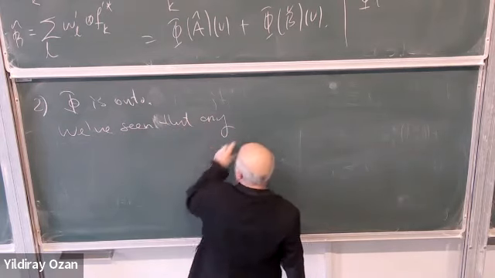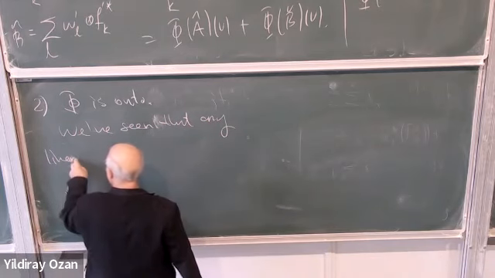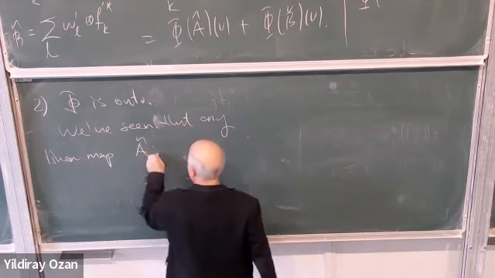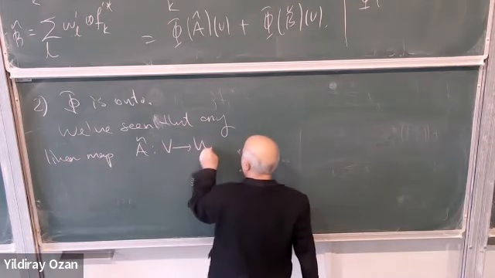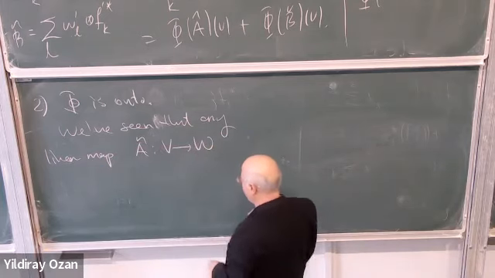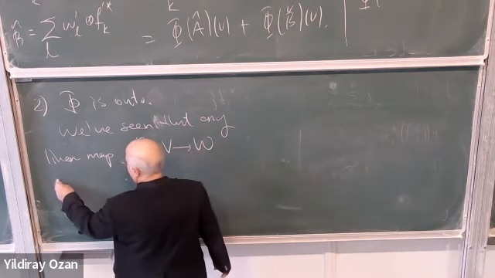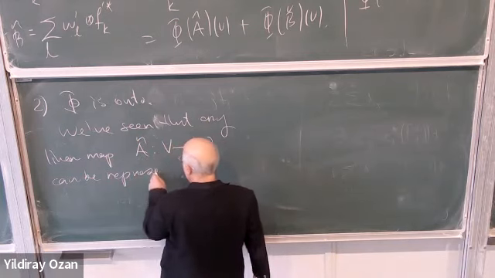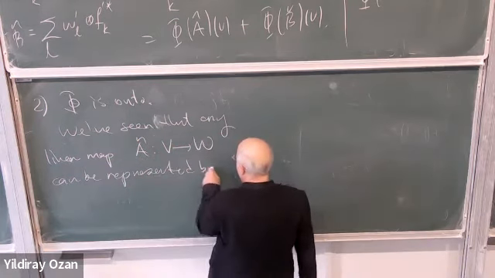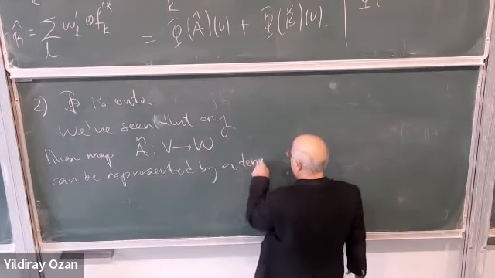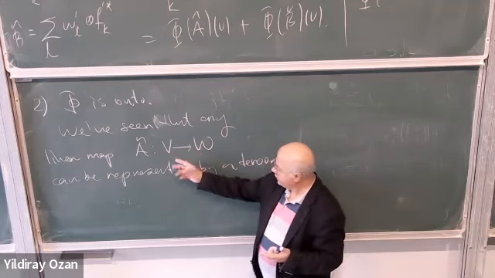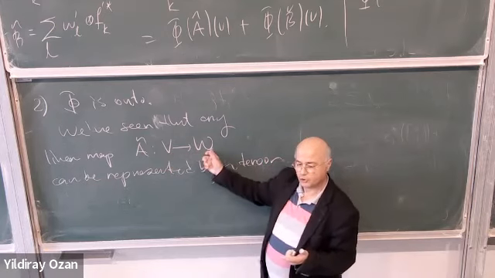any linear map A hat can be represented by a tensor, right? How did I do this? I chose a basis for this and a basis for this.